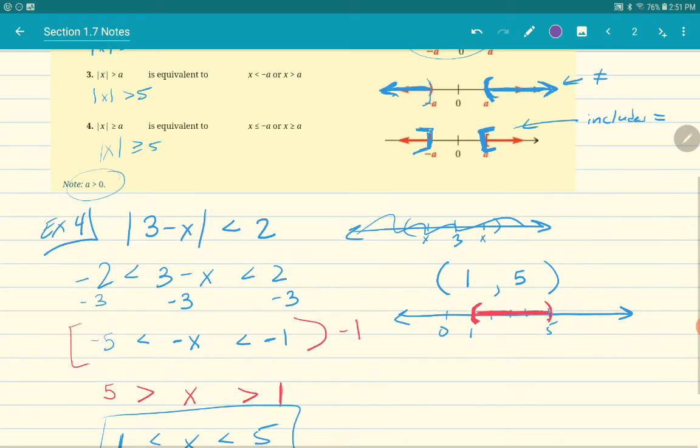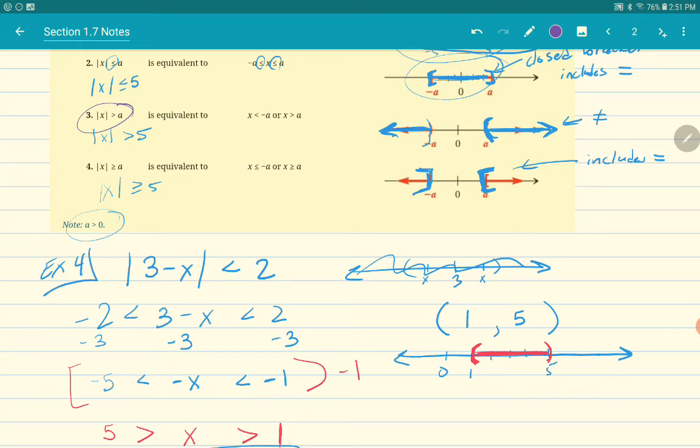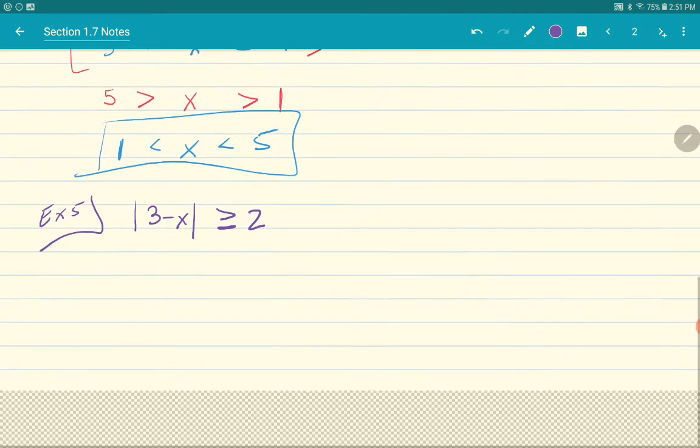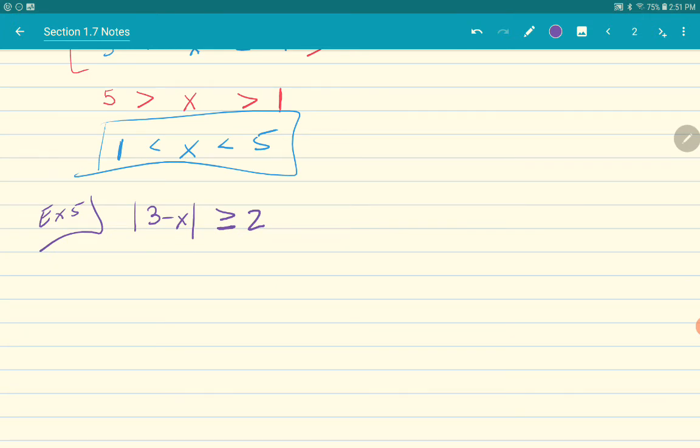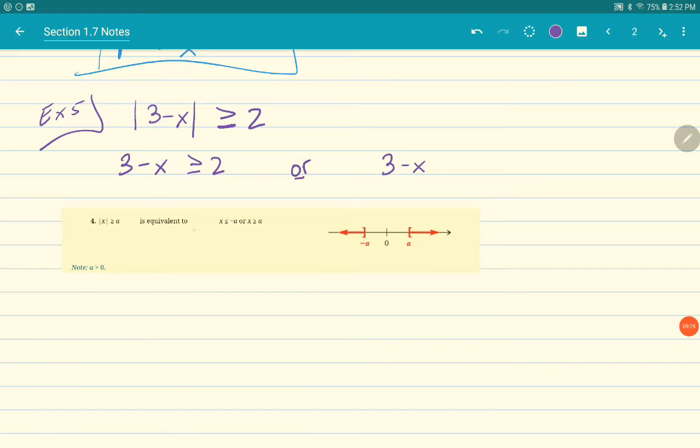So let's look at our table over here. Remember, when we have a greater than sign, that means our interval has 2 parts. So I need to express that in 2 parts, or 2 inequalities. So this tells me that either 3 minus x is greater than or equal to 2, or 3 minus x, using this part of that table up there.